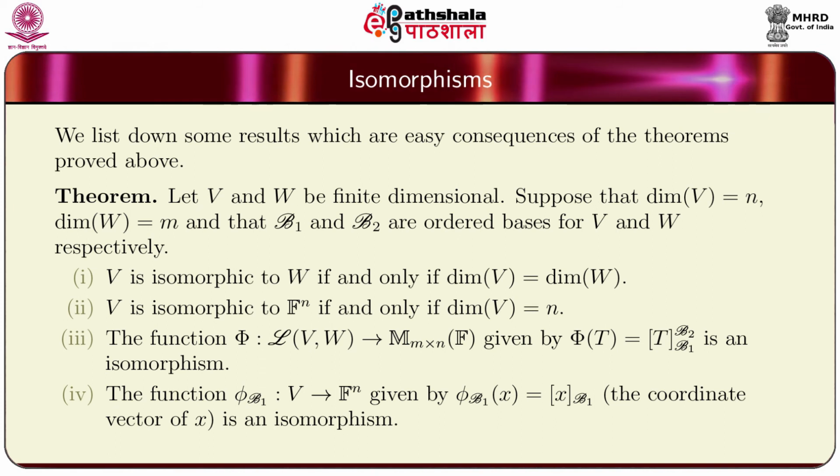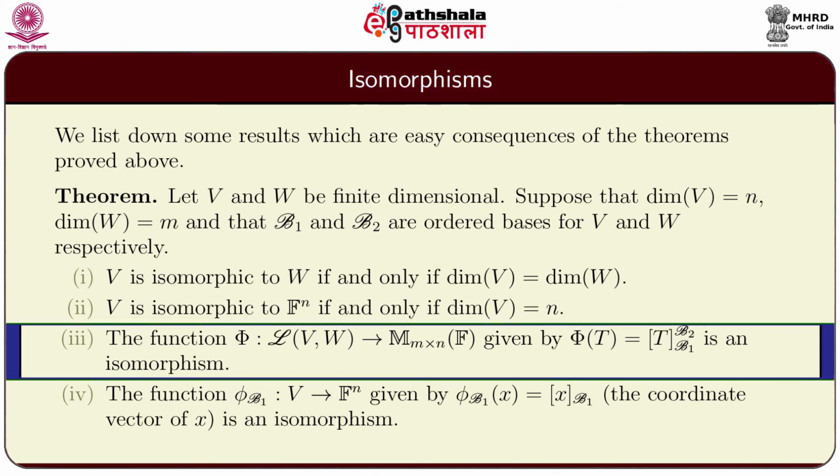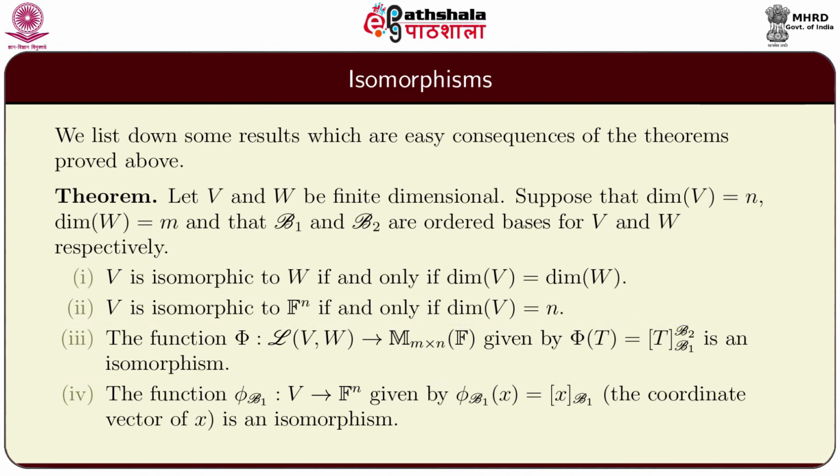Now consider the function phi from L(V, W), that is the collection of all linear transformations from V to W, which is also a vector space over the field F, to M_{m×n}(F), that is the collection of all m cross n matrices with entries from F, and the map is given by phi of T is equal to the matrix representation of T with respect to the bases B1, B2.